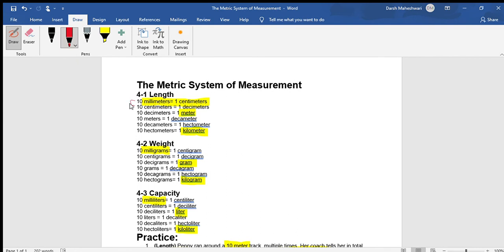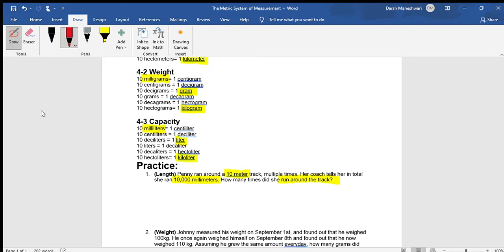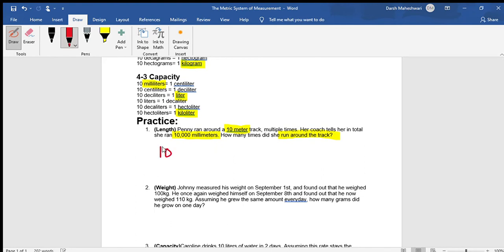Okay, let me make this a little larger to see. So we are going to multiply this 10 and then this. So you can see there's 3 tens. So it would be 10 times 10 times 10. And when you do this, you get 1,000.